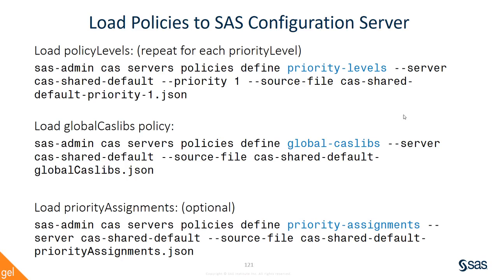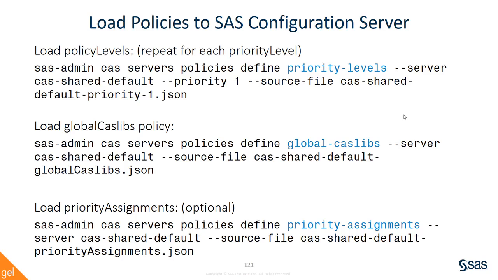All right. So I define the files. I edit them. They're just JSON files. Text editor will do. I now need to load those files into Consul so that the CAS server knows to pick them up. And to do that, I have to use a SASAdmin command. So in the top example, you see there the priority level 1 file being loaded.